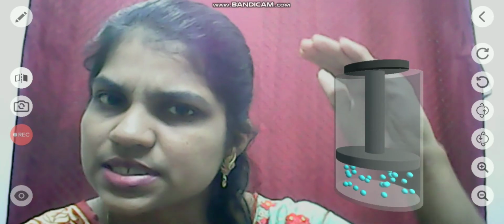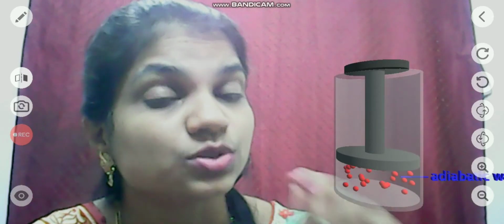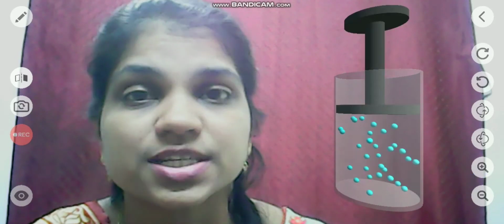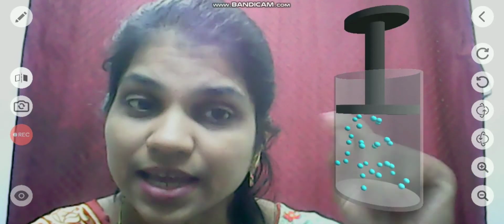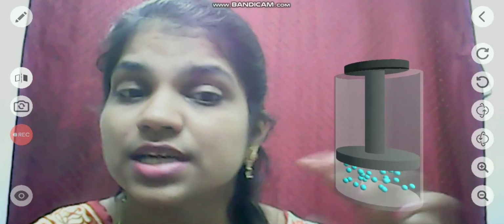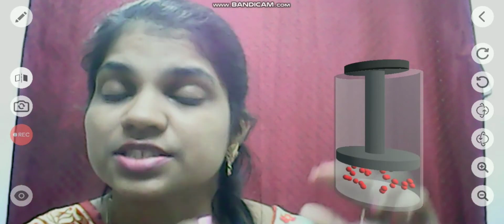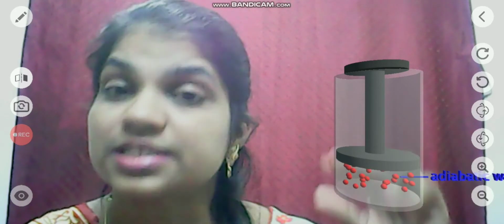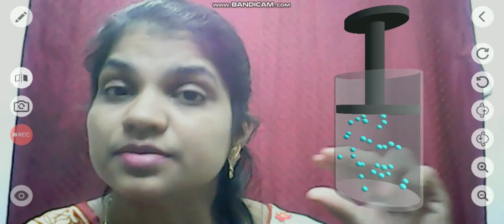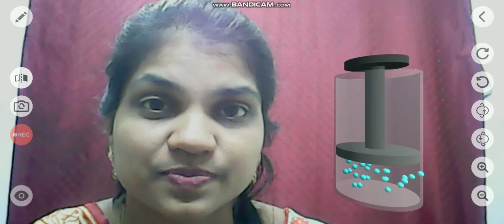The piston is quickly pushed down and quickly pushed up so that there is no time for exchange of heat energy. When we push the piston down, there is a change in volume, the gas is compressed, and there is a change in pressure and temperature because there is no exchange of heat energy.